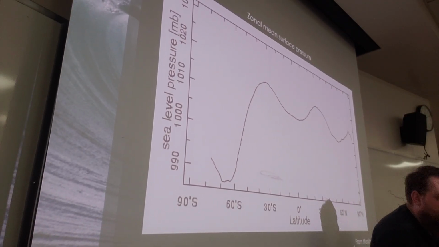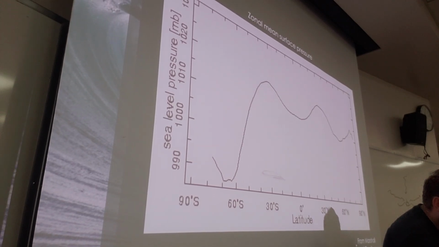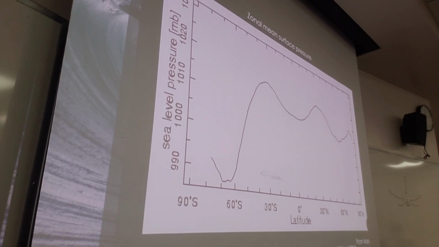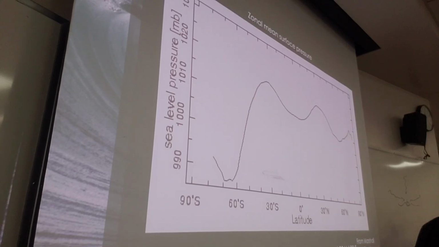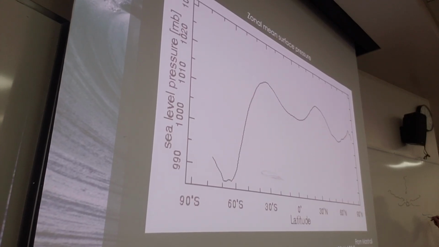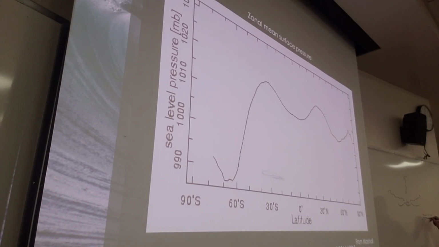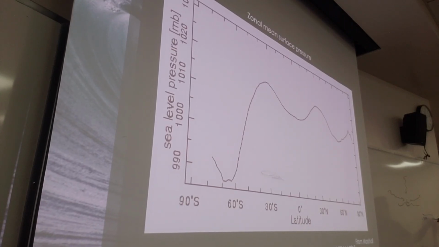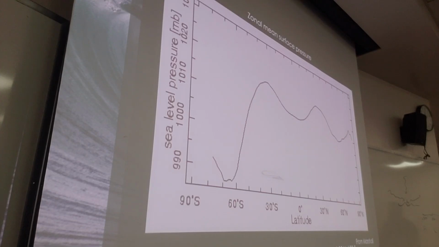And so what are the impacts of that? Well, we might imagine that here's the minus 30 south, equator, we have 30 north. So you have high pressure here, and a high pressure here, and a low pressure here. So the pressure forces, they point from high pressure to low pressure.